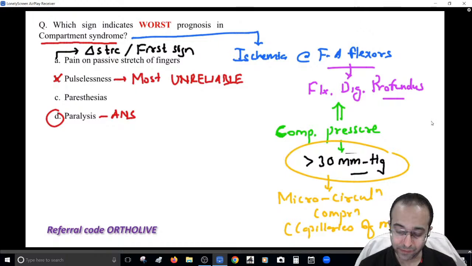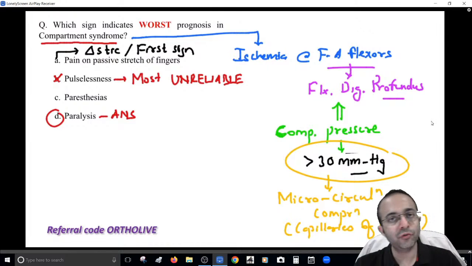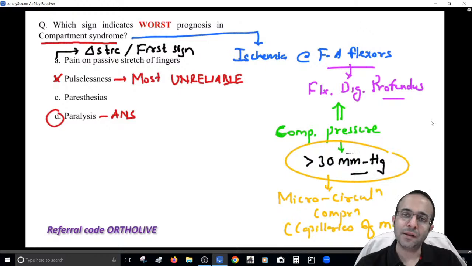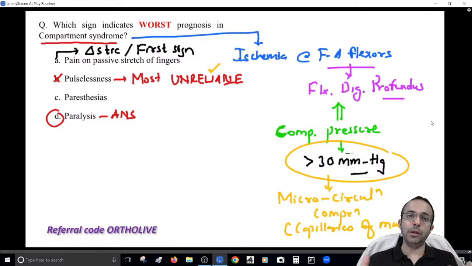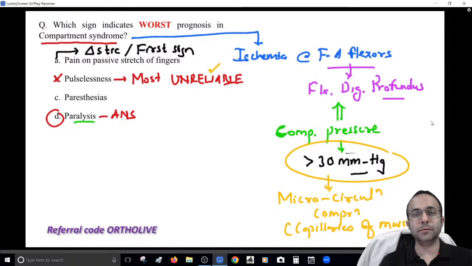So it's not the radial or the ulnar artery that's compressed and where the flow stops. That can happen in the severest of cases, but that's not the usual scenario. So this is a pressure that generally leads to muscle capillaries getting compressed because they have lower pressure. That is why pulse may be present till the end and still the patient might be landing up with compartment syndrome. But yes, if there is paralysis, that is death.